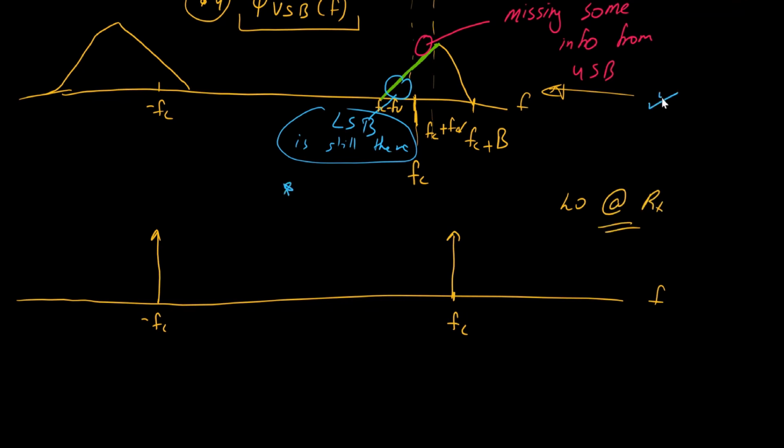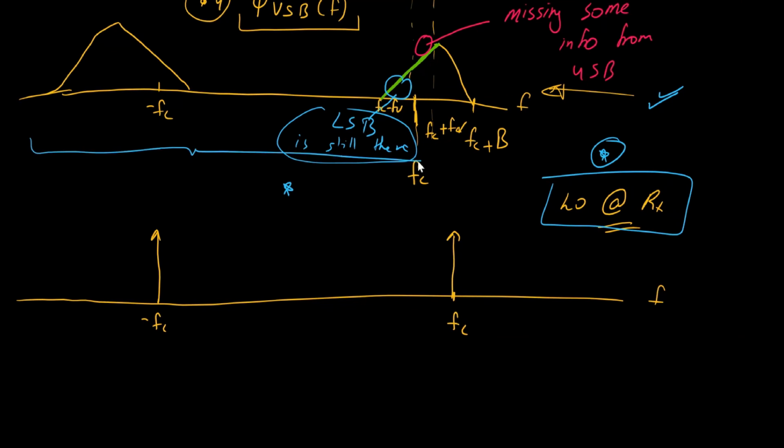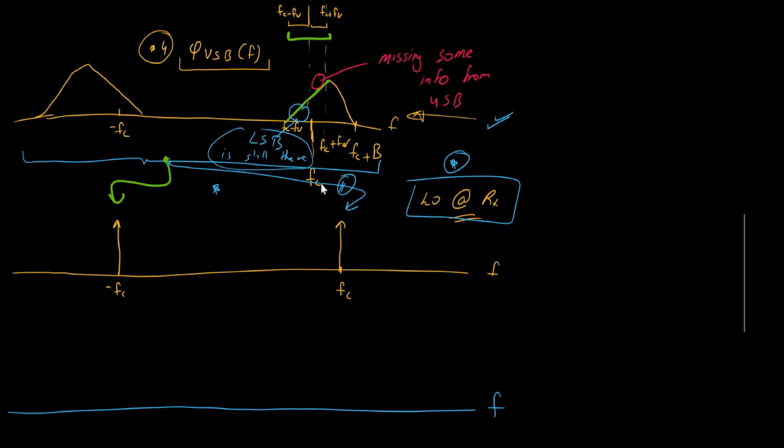Now again, the received signal would convolve with the local oscillator. So we would have a convolution over here. All of this would basically move to here, and it would also move to here. Let's follow this blue curve again. If this convolves with this one, this is at minus FC, and now it would be moving towards the right side, that is plus FC.